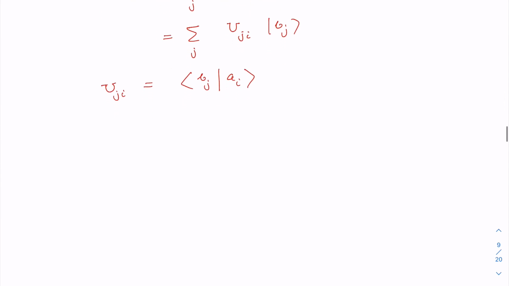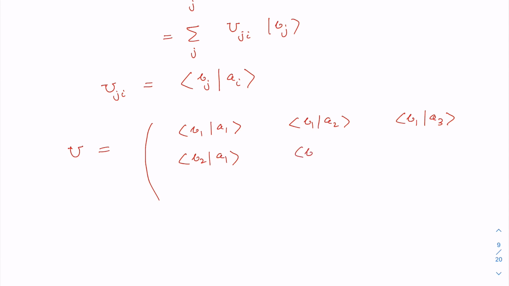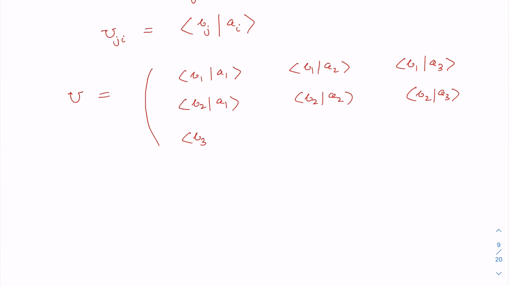So therefore, the matrix U of transformation would be B1A1, B1A2, B1A3. Here you'll have B2A1, B2A2, B2A3, B3A1, B3A2, and B3A3.